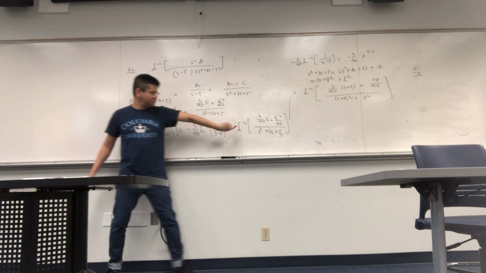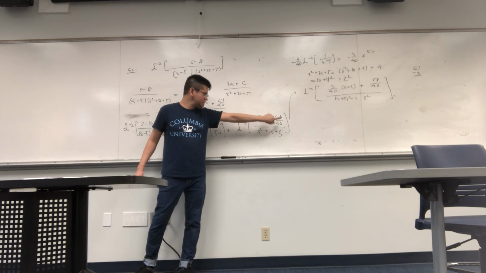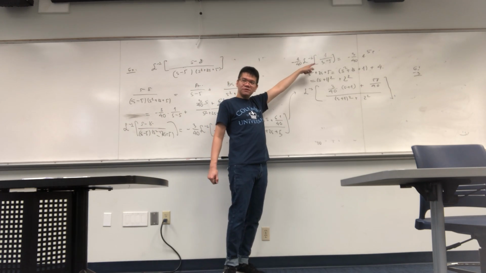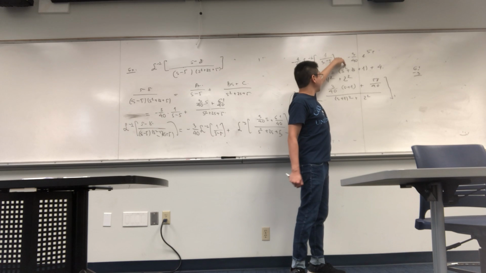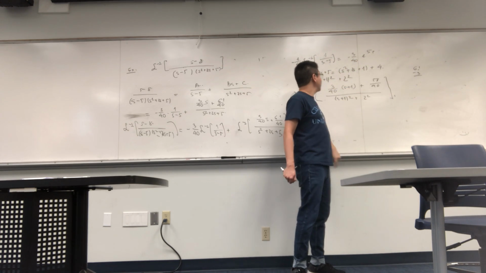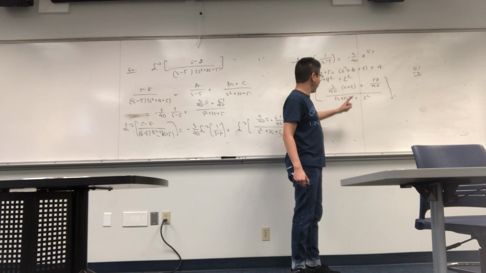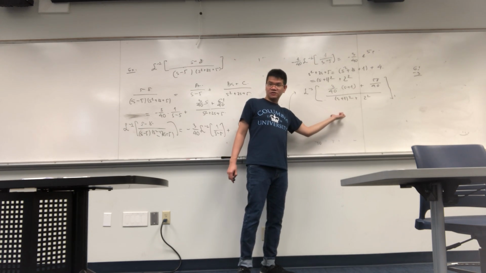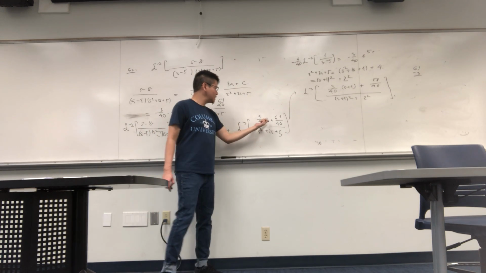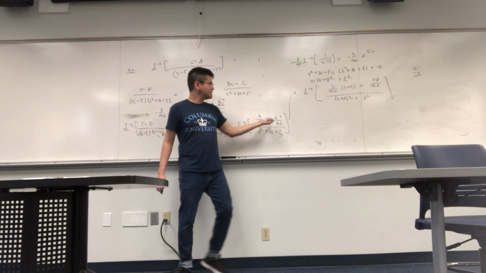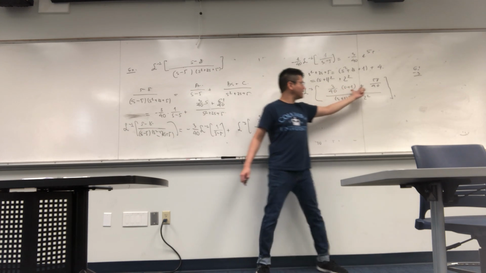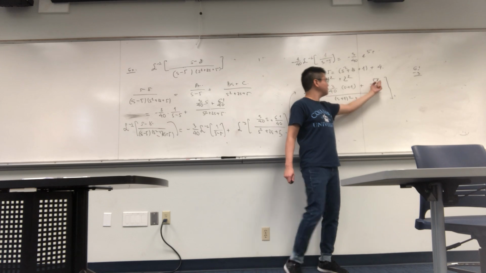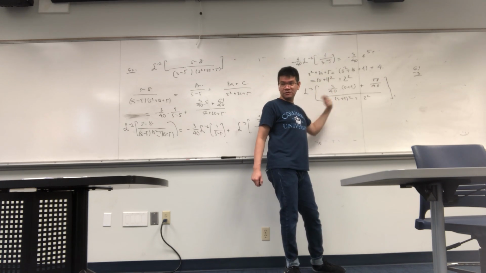The second guy is the inverse Laplace transform of 3s over 40 plus 61 over 40 over s squared plus 2s plus 5. So s squared plus 2s plus 5, I can complete the square, and I have s squared plus 2s plus 1 plus 4. This gives me s plus 1 squared plus 2 squared. So I put it here, right? But here I have s plus 1. So I split the top. So I split this into 3 over 40 s plus 1 plus 58 over 40 because I put 3 into the other term, right?